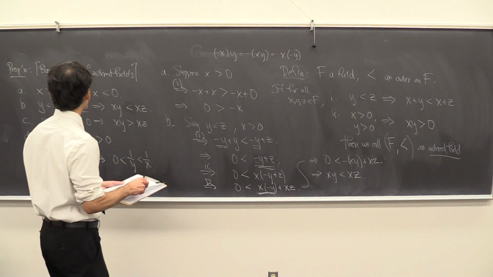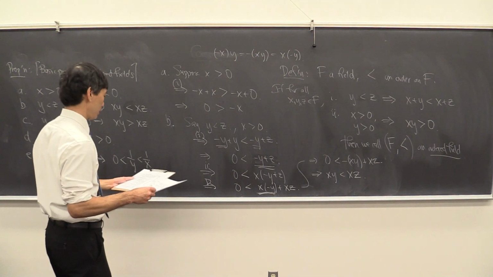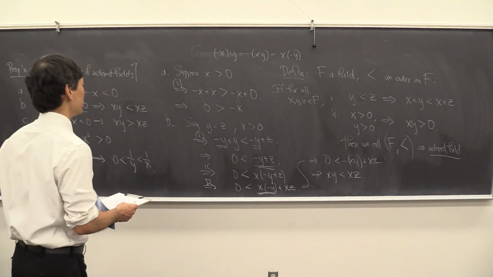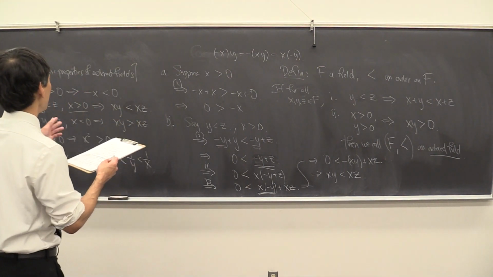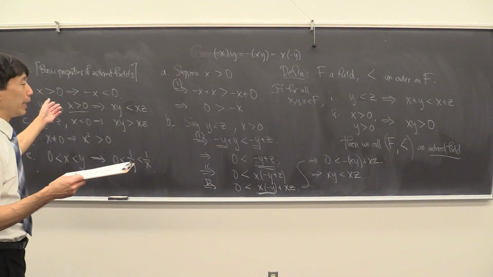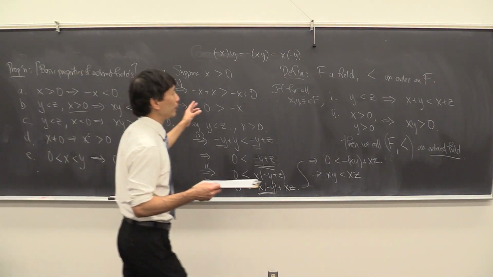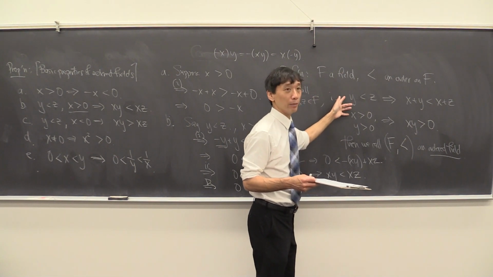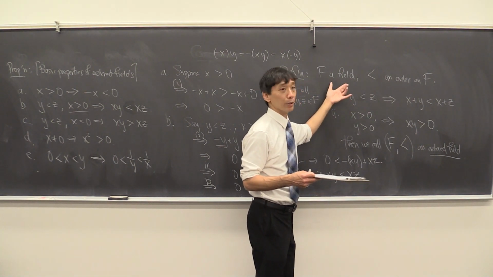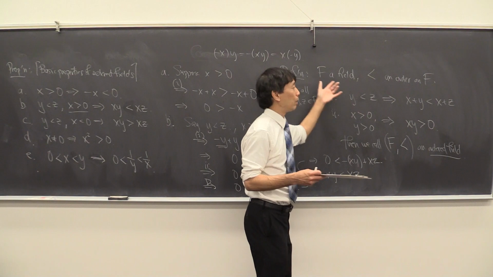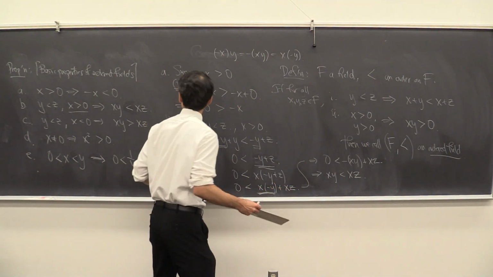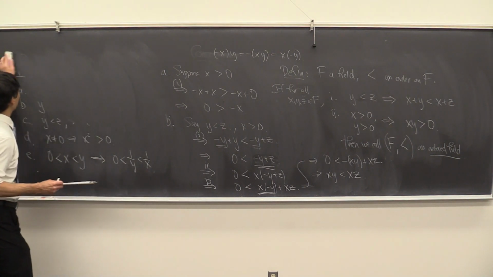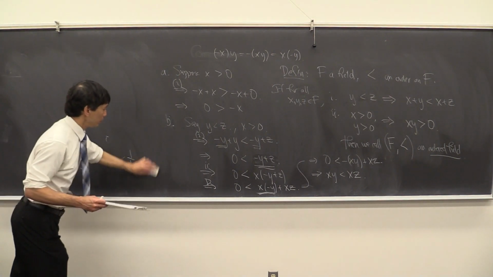Okay. So in any case, if you have a field and an order, and the operations interact in the way that you like, then you call this thing an ordered field. So all of this is basically to set up the real numbers.